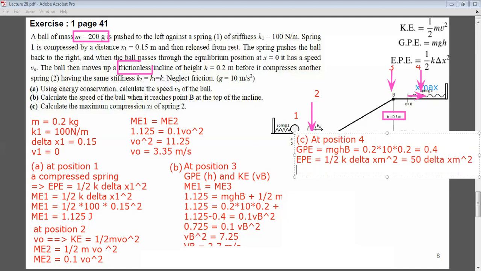Okay, so now in order to solve this, we will say mechanical energy. So what is mechanical energy here?